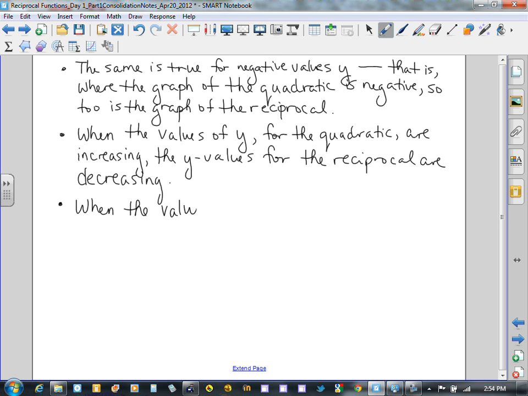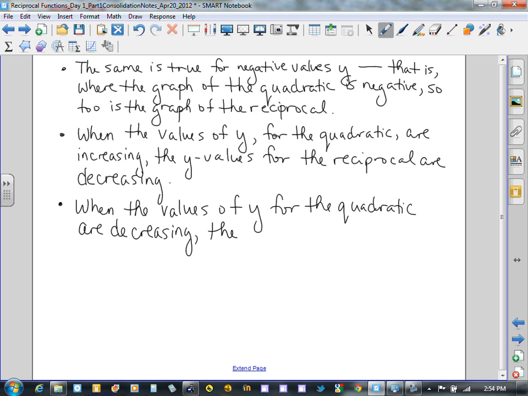When the y values for the quadratic are decreasing, the y values for the reciprocal are increasing.